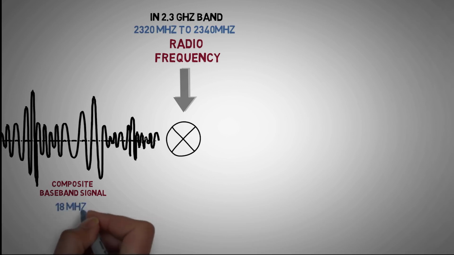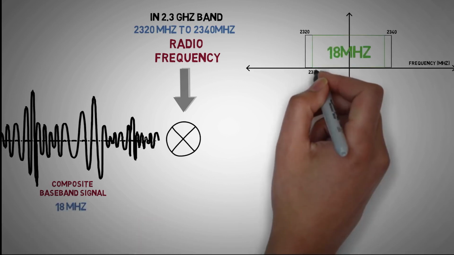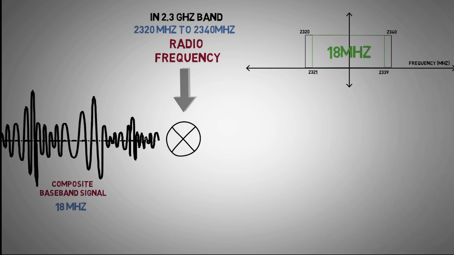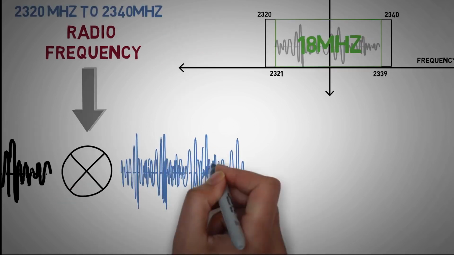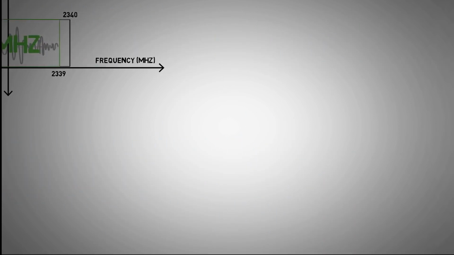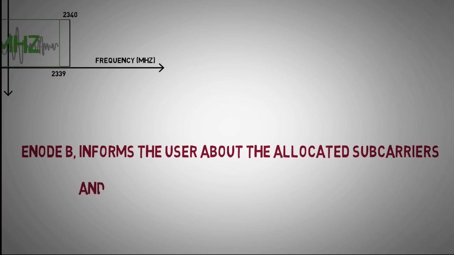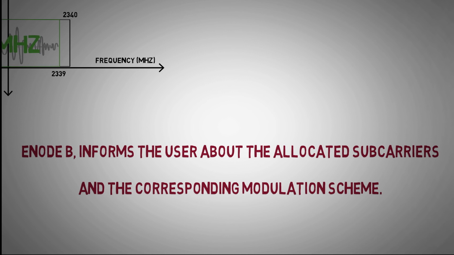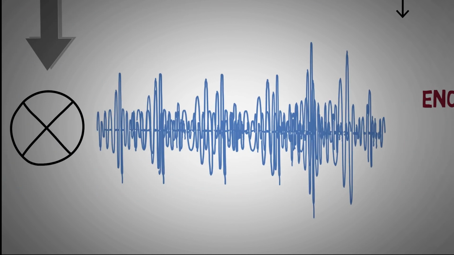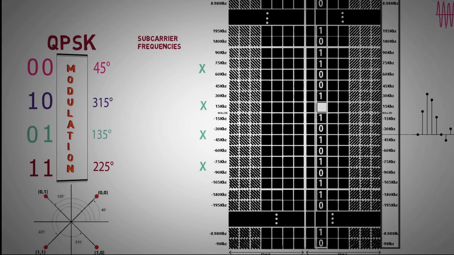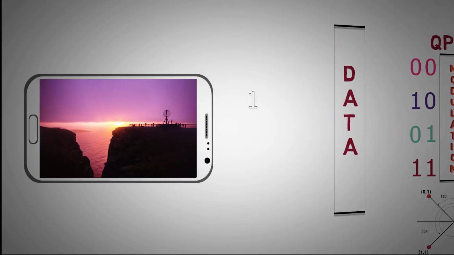The 18 MHz band will be mapped from 2321 MHz to 2339 MHz using analog modulation. And finally, the e-node B transmits the signal over the air. The e-node B informs the user about the allocated subcarriers and the corresponding modulation scheme. So, when the RF signal reaches the user's terminal, all these processes are reversed and finally the user is able to receive the data intended for it.